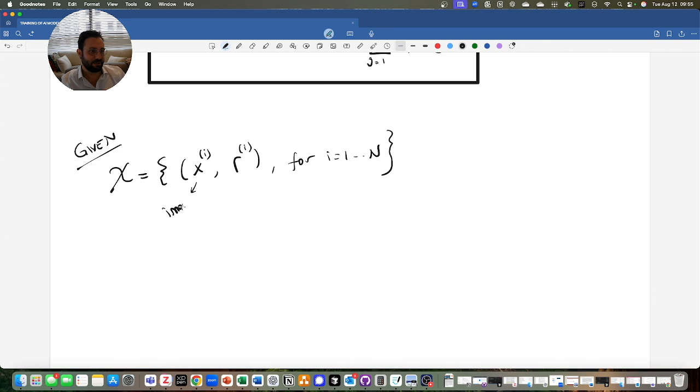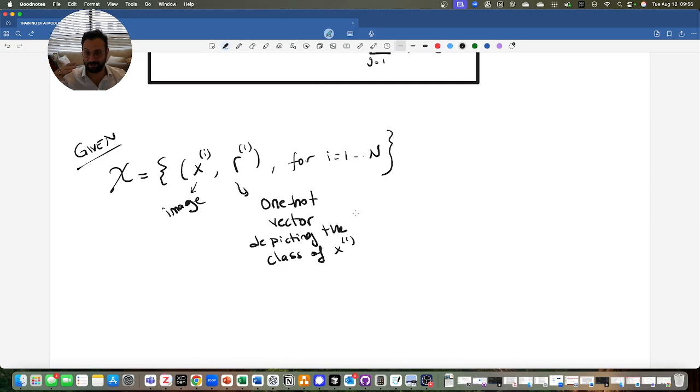So that's my image, and y is a one-hot vector depicting the class of x of i. Right now, we're not only cancer and healthy, we have pneumonia, we have COVID, all the medical terms that I cannot pronounce. So we have several classes.